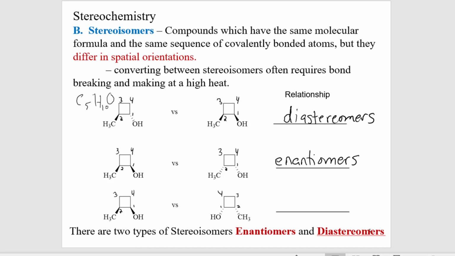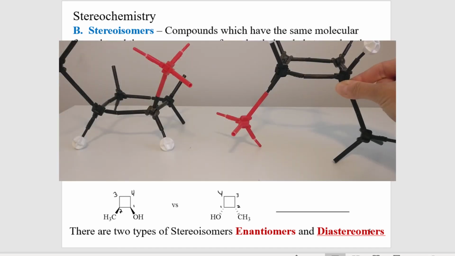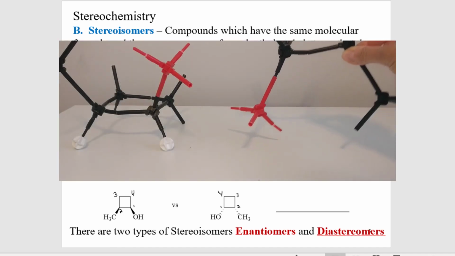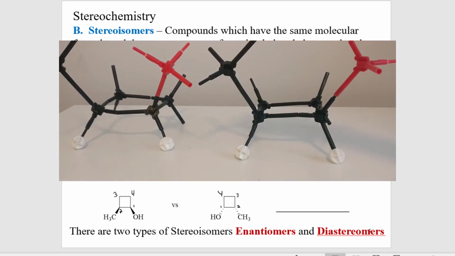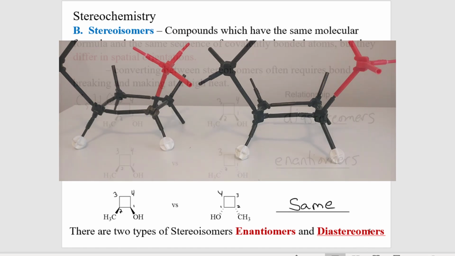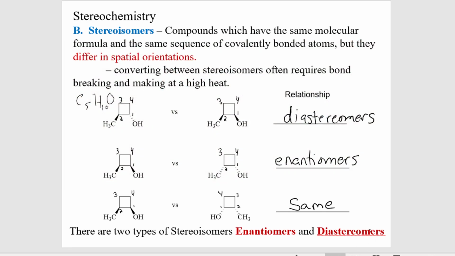And the relationship between the two drawn at the bottom, see if you can see it. Take one in your brain, flip it like a pancake, and try to overlay it. And if you do, what you'll see is that they're actually the same molecule.